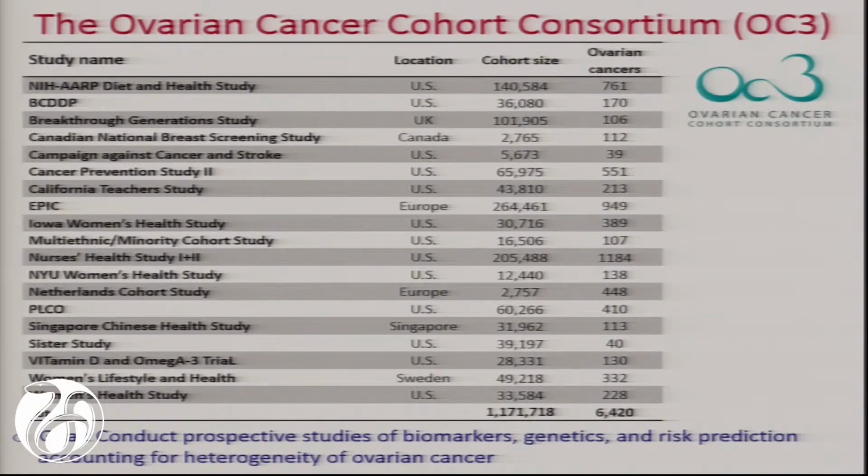And so a couple of years ago, Shelley and us and our group at the NCI got together, and we decided to bring together cohorts and establish an ovarian cancer cohort consortium that would allow us to study risk factor associations and, even more importantly, prospective biomarkers with good power and also with the ability to look in much more detail into the ovarian cancer subtypes.